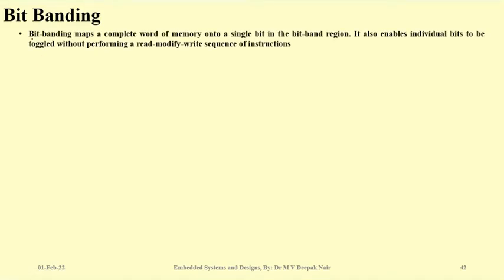Like I described in the last lecture, bit banding is nothing but mapping of a complete word onto a single bit of memory. So one single bit is mapped to a complete word.